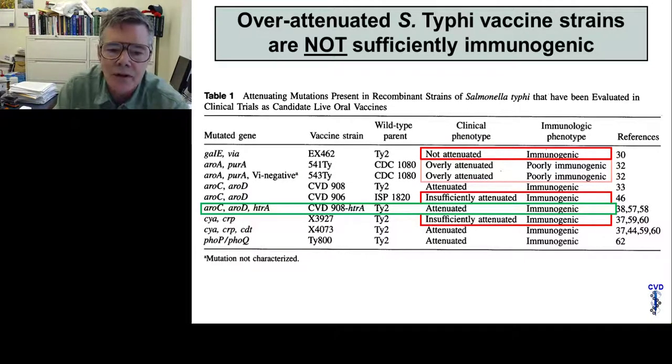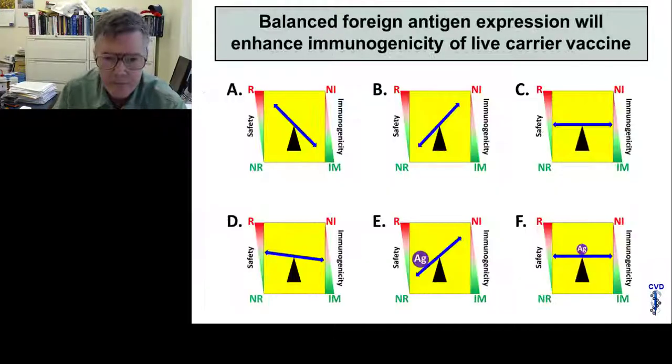And this is shown very clearly in the next slide, which brings up another point that I want to discuss. Balanced foreign antigen expression will enhance the immunogenicity of a live carrier vaccine. So in the top panel here, A, B, and C, you can see a vaccine strain which is very reactogenic is also immunogenic. But it's too reactogenic, so the safety is unacceptable, okay?